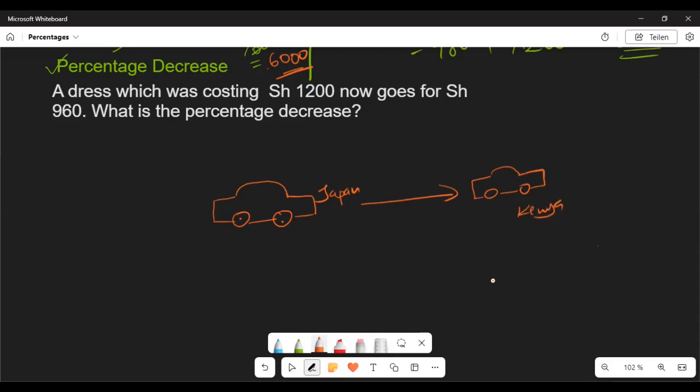So in Japan, it could be that we are buying this car at, let's say, 1 million Kenya shilling, after the conversion.